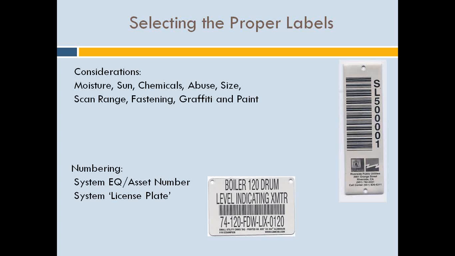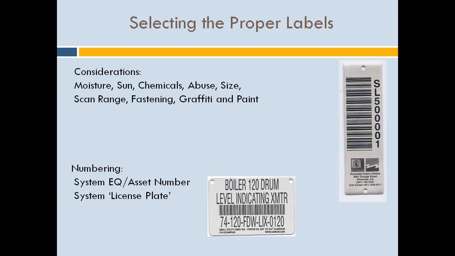The next thing is we get a lot of questions about how do we number them? Do we want to use smart numbering? In this case of this example with the boiler, this is a company that wanted not only the equipment number, but the description.